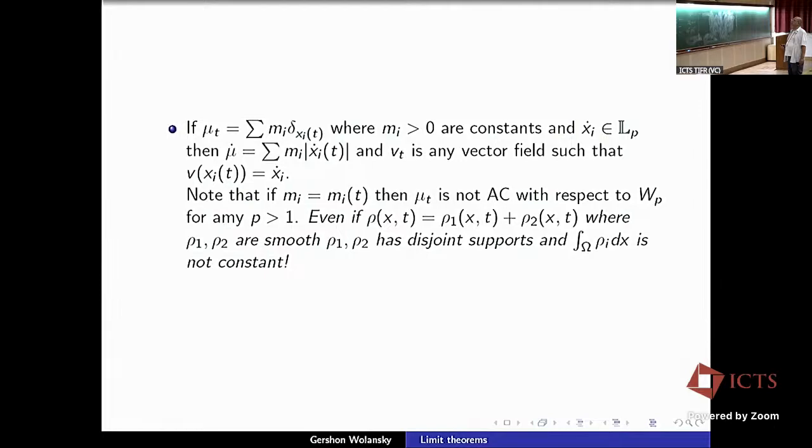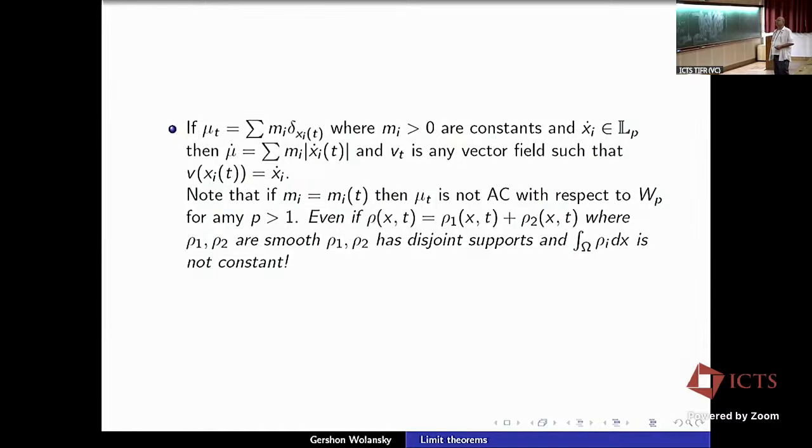If x_i dot is in L^p, you can easily see that the metric derivative is m_i times x_i dot, and v_t is any vector field which assumes the value x_i dot at the point x_i, because v is only defined on the support of the measure, and we don't define it anywhere outside the support, which is just the point x_i.